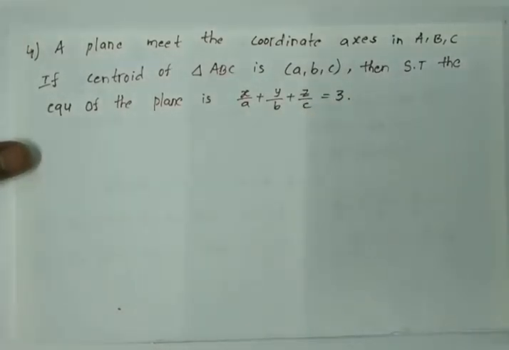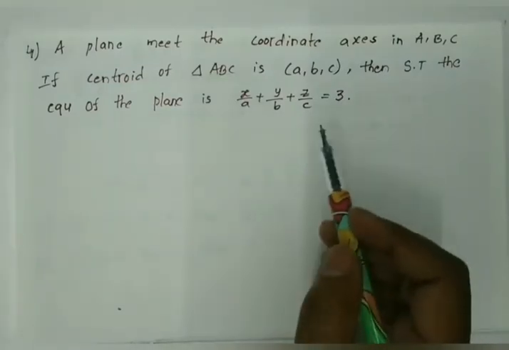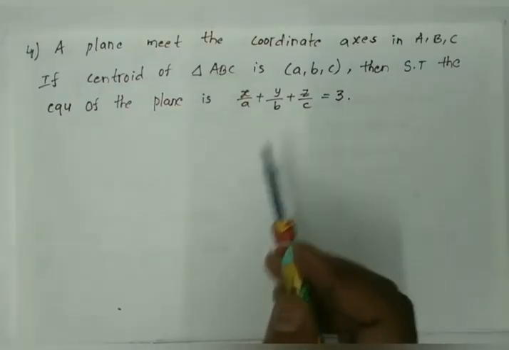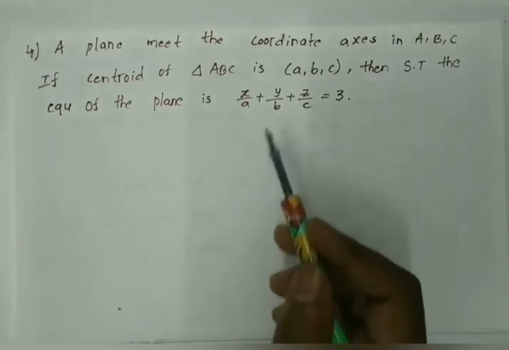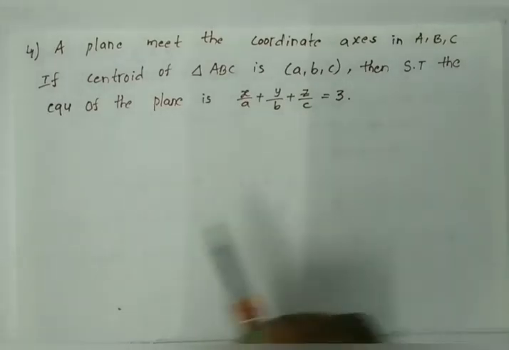So what is the problem here? A plane meets the coordinate axes in A, B, C. If the centroid of triangle ABC is (a, b, c), then show that the equation of the plane is x by a plus y by b plus z by c is equal to 3.